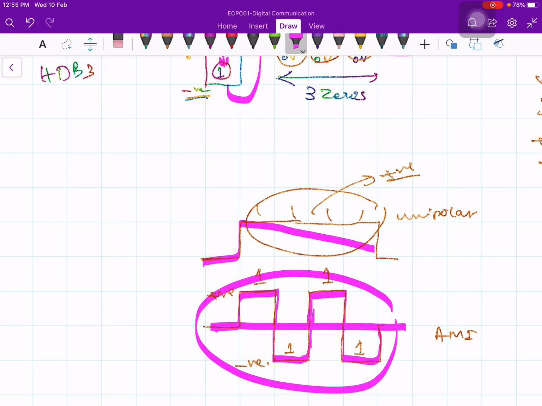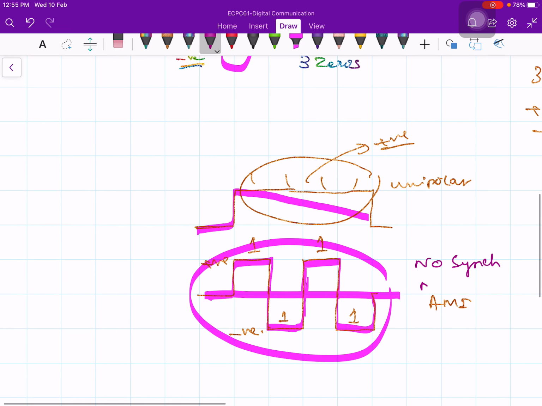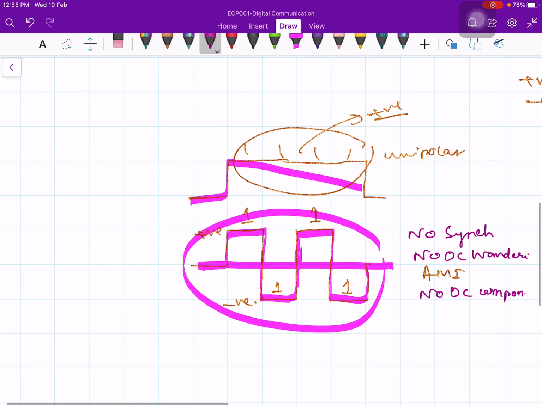So the synchronization problem is solved. Here there is no synchronization problem and no DC wandering, in fact no DC component, I mean minimum DC component if at all, and attenuation is also less because of the very low DC component. So all problems are eliminated in AMI code.